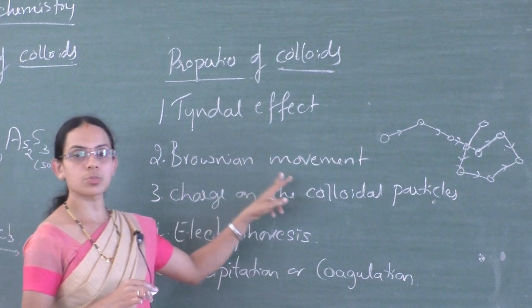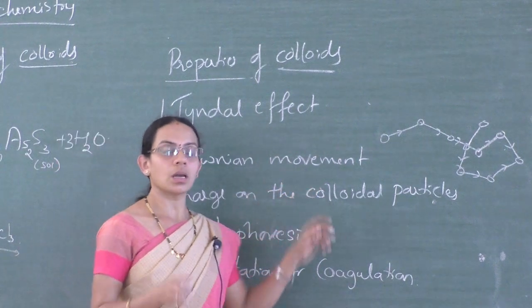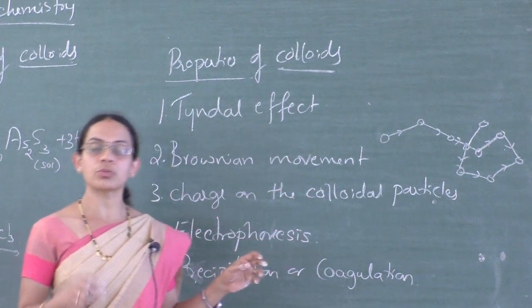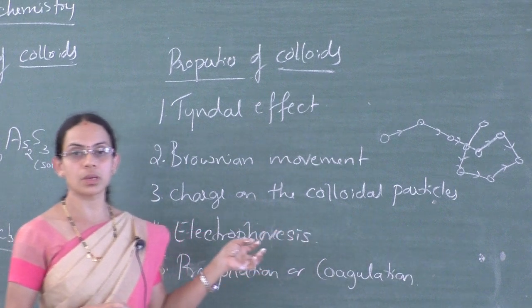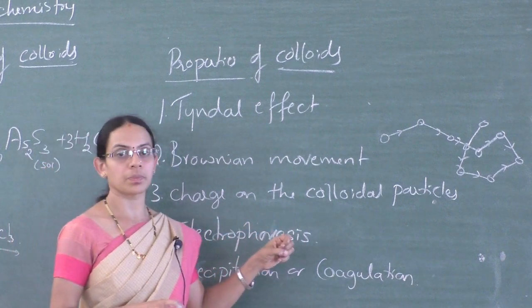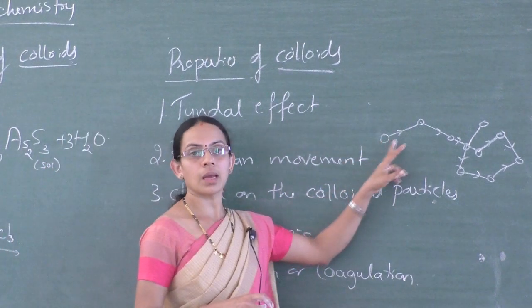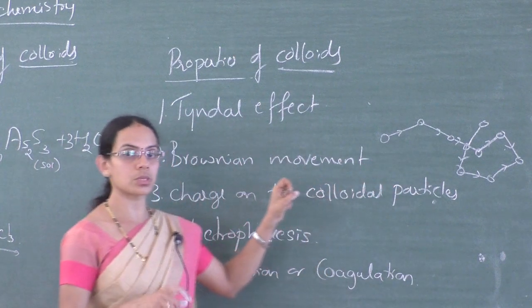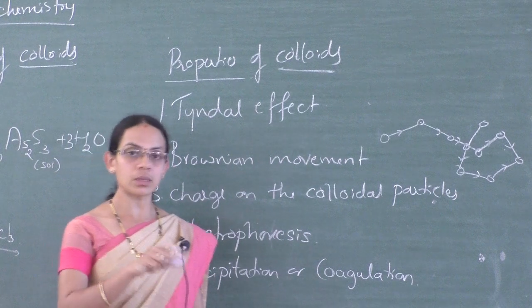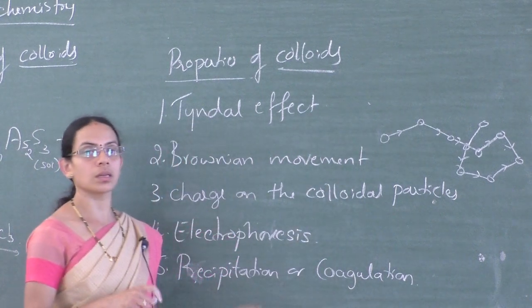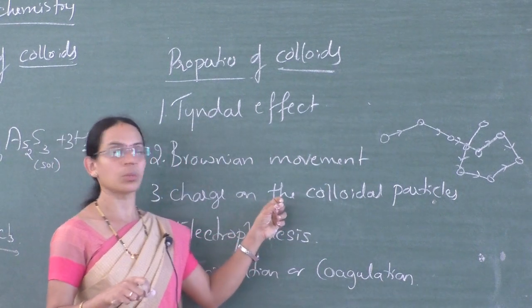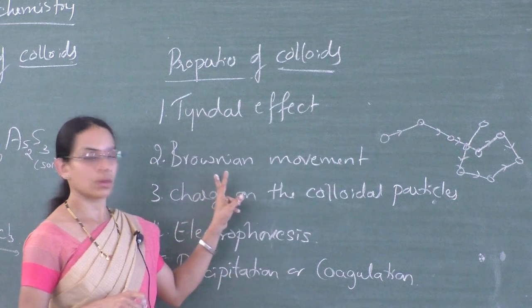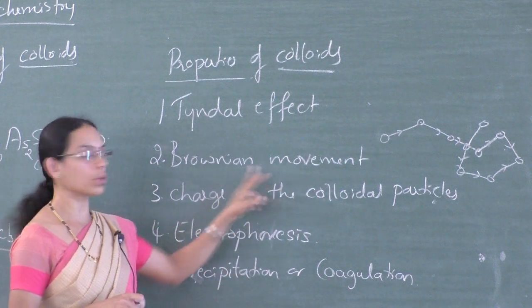The reason for this Brownian movement is the unbalanced bombardment of the particles of the dispersed phase and dispersion medium. Because of that, the particles of the dispersed phase are in a continuous zigzag movement, and that movement is called Brownian movement.